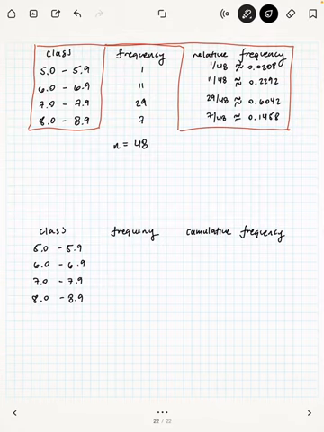And so when I've added up all these relative frequencies, in their decimal form, I actually get 1. So they add up to 1. And that is an important attribute of relative frequency distributions, that when you add up all the relative frequencies, you should get 1. Okay, and that's how you know you've done it correctly.